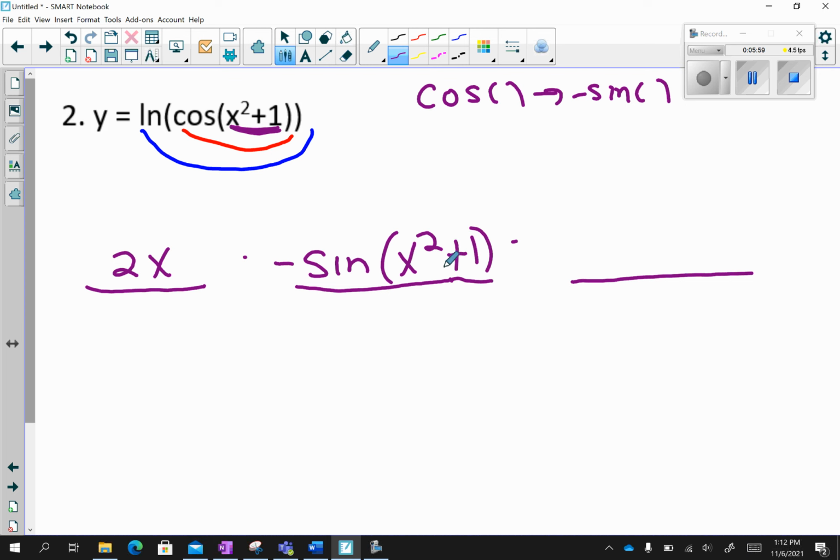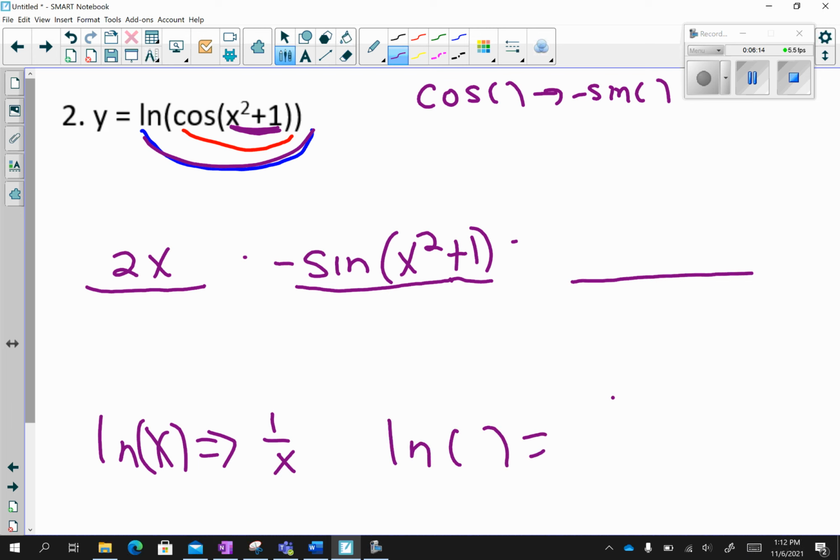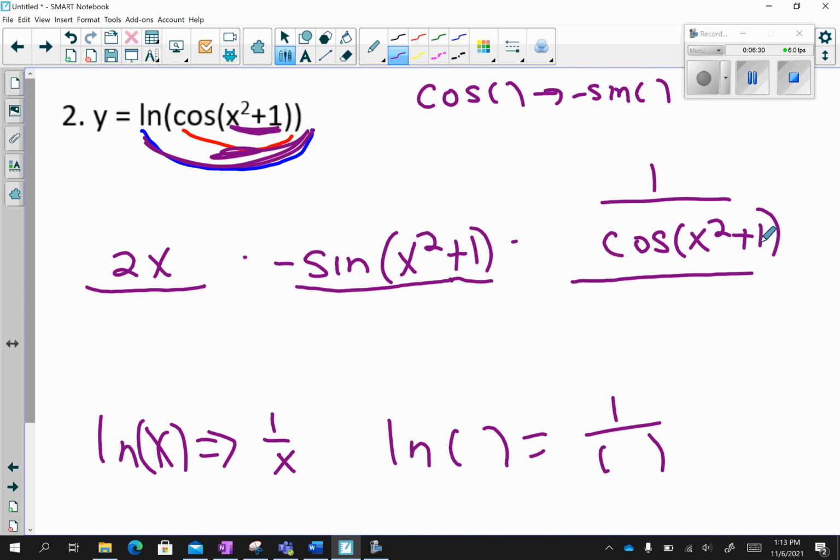There's the middle. And then we have ln. Remember, ln of x, the derivative is 1 over x. But it's whatever's inside. In other words, ln of something equals 1 over that something. So ln of this whole inside becomes 1 over that whole inside. Whatever the input is.